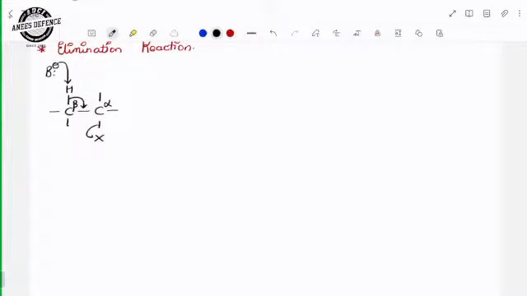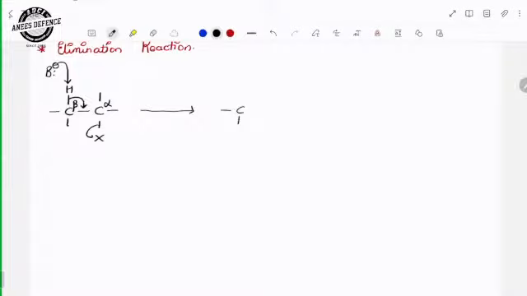So keep this rule in mind: when you make one bond, you have to break one bond in order to maintain stability. So the base is abstracting the beta hydrogen, the bond is getting shifted between alpha and beta, and the leaving group is leaving the carbon atom. So what would be my respective product?